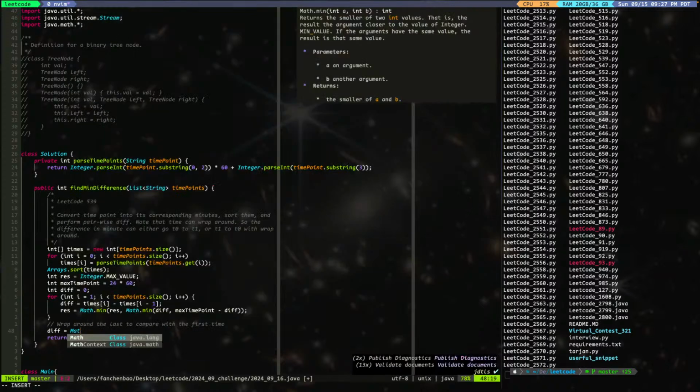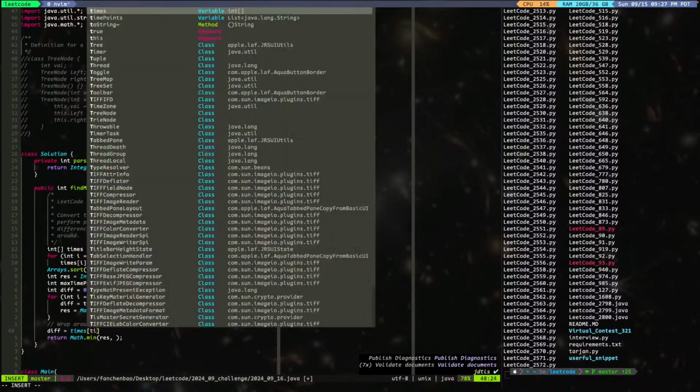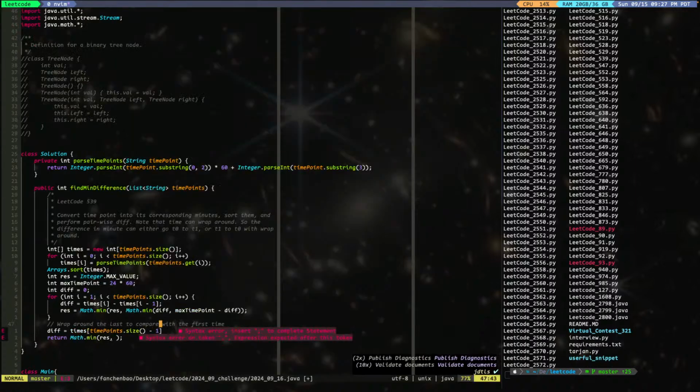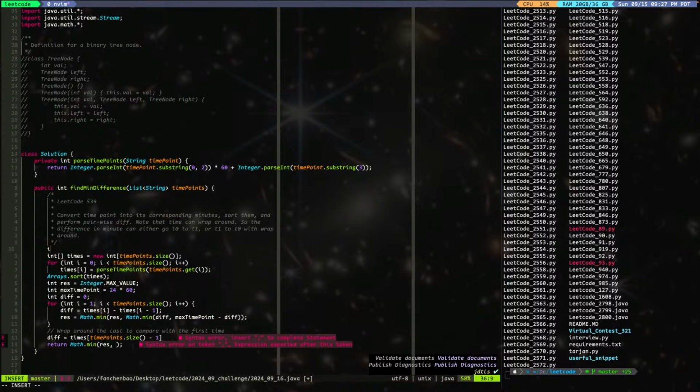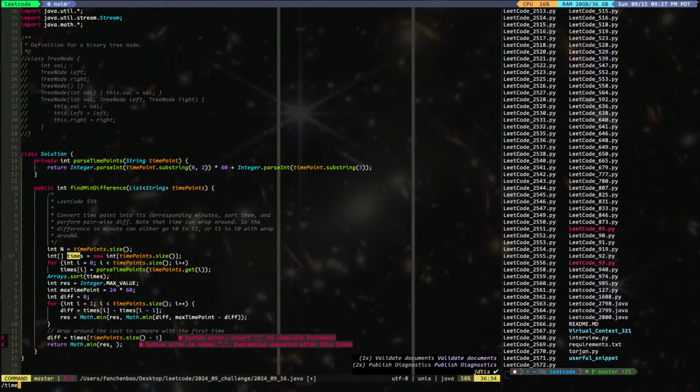Math dot, no, should be times time points dot size minus 1. Alright, I'm tired of writing time points, so n equal to time points dot size.